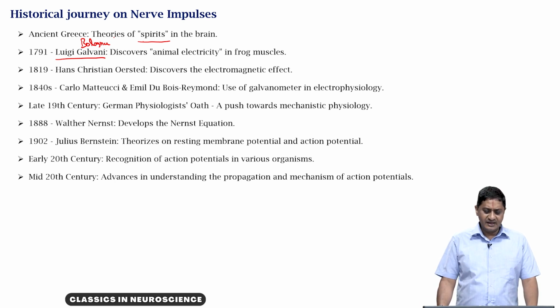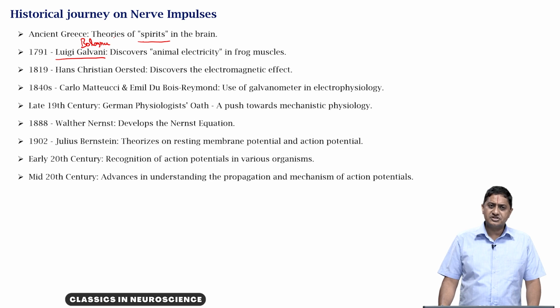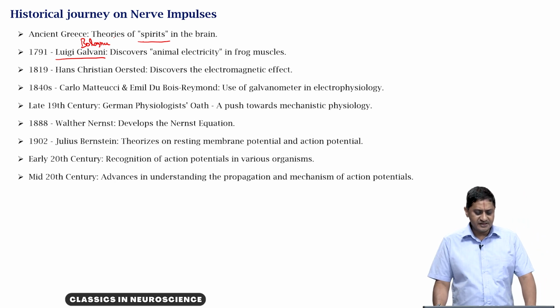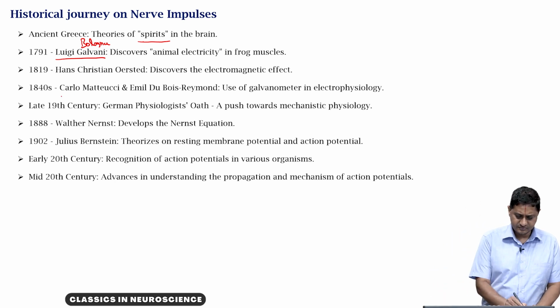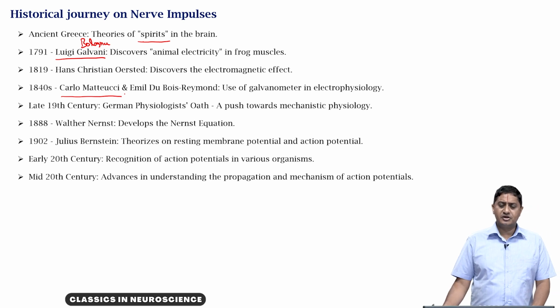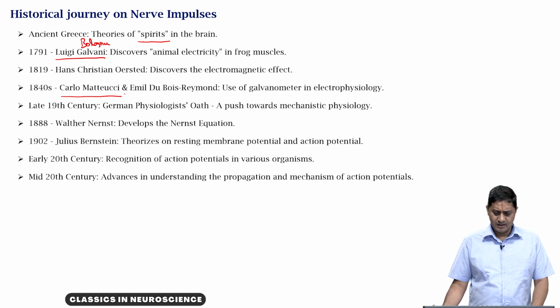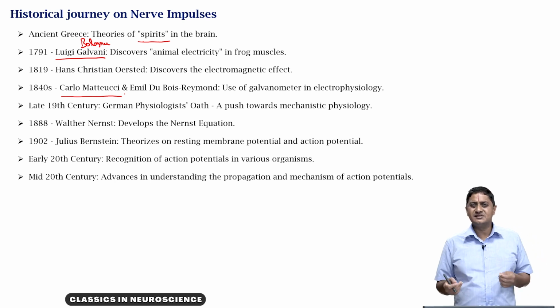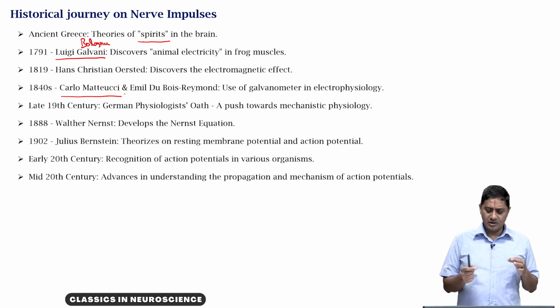In the meanwhile, in 1819, Hans Ørsted discovered the electromagnetic effect, essentially leading to the industrial use of electricity. In the 1840s, Carlo Matteucci and Emil du Bois-Reymond started to use the galvanometer, which was essentially an instrument to measure small currents.